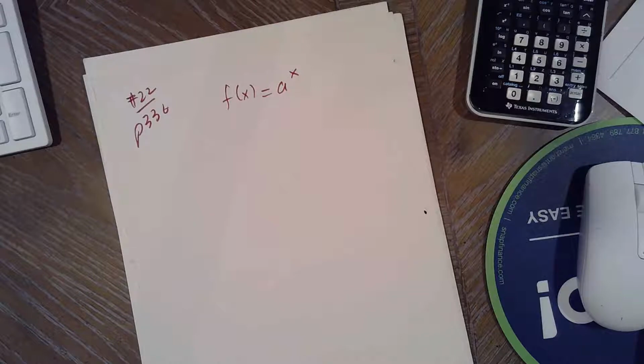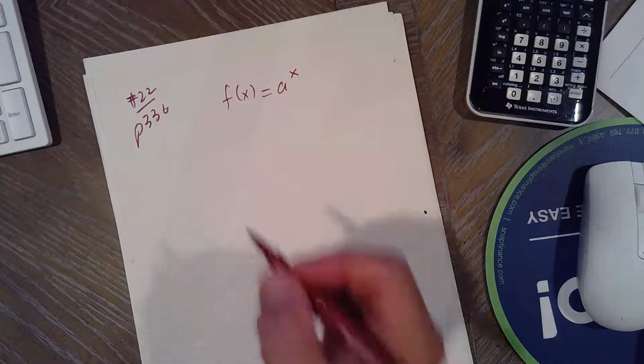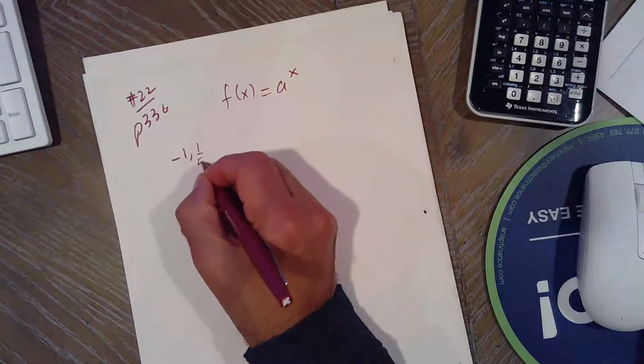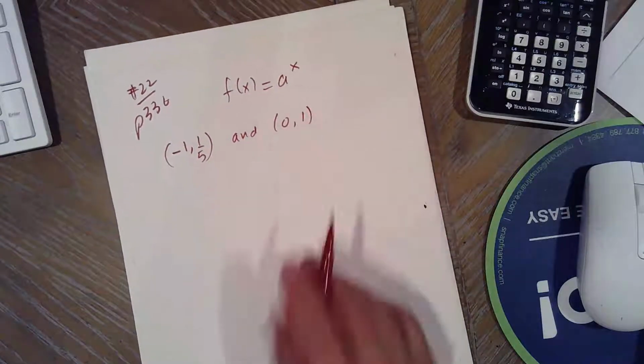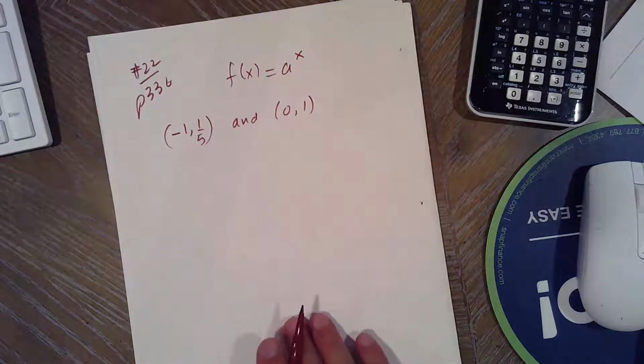So usually they give us the equation and they tell us to find the graph. Now we're given the graph and they tell us to find the equation. If you look at the graph on page 336, it goes through 2 points, the obvious points, negative 1, 1/5, and the one that's on every exponential function, 0, 1, okay, the y-intercept.